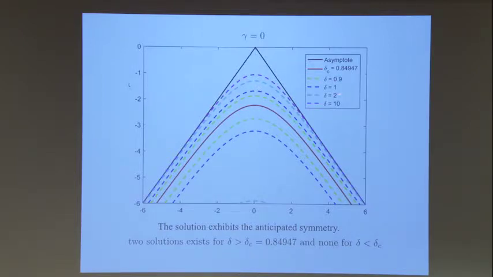Then for delta equal to 2, you obtain this light blue solution, and here is the second one. In other words, there are always two solutions to the problem. Then for delta equal to 1, you get this dark blue. There are two solutions. Then you reduce delta, you obtain the green, and then finally the two collapse, and there is only one solution. And if you try to reduce delta further, there is no solution.